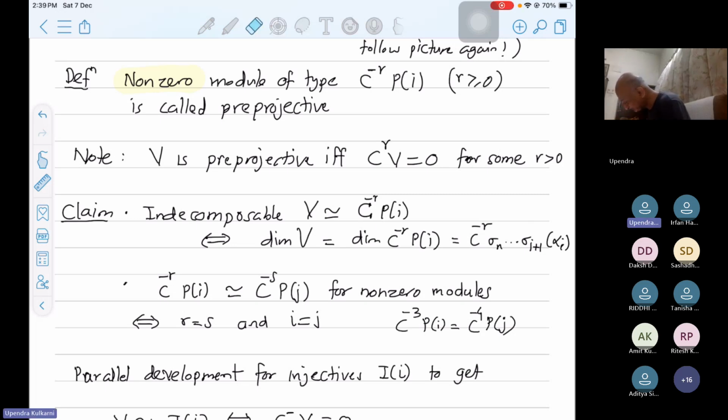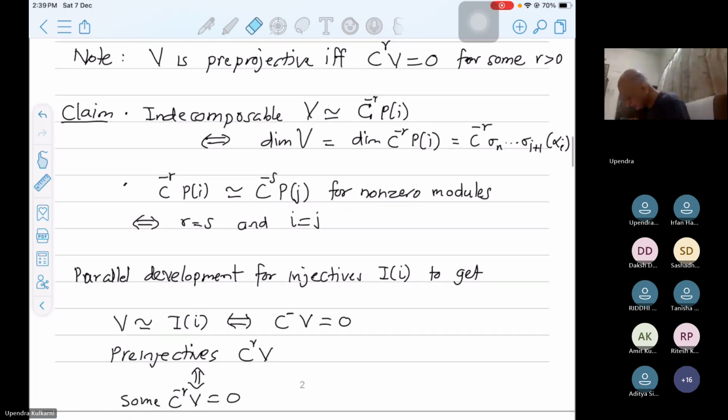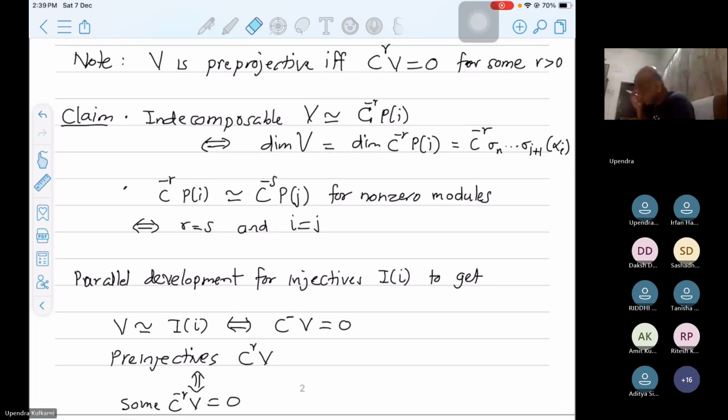All right. So what I want to say now is that, if we have time, maybe we will see some of this. But there is an entirely parallel development for injective modules.